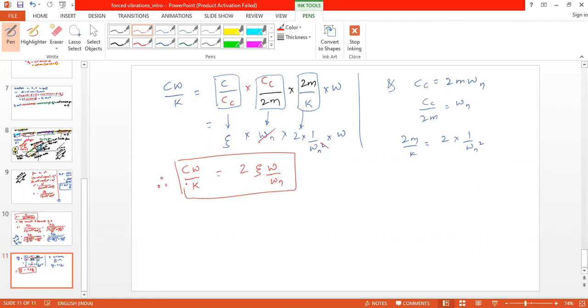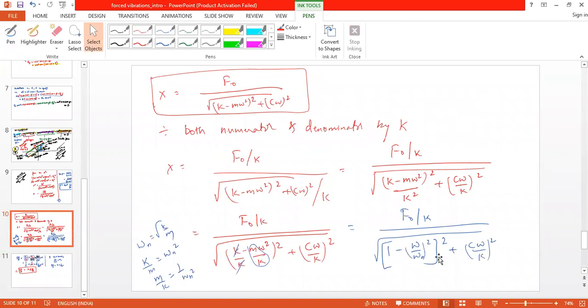So now can I substitute this 2 zeta omega by omega n in place of c omega by k here?